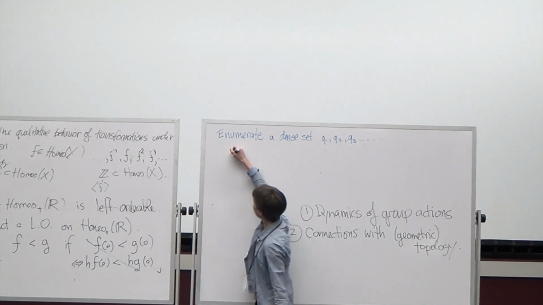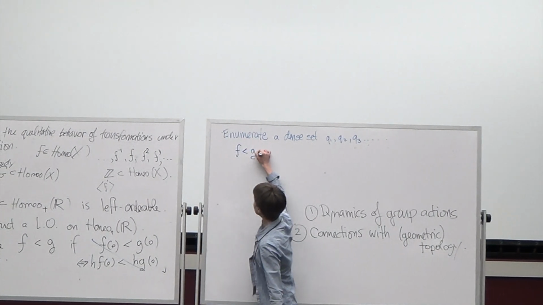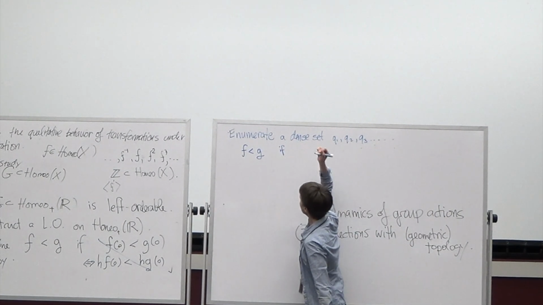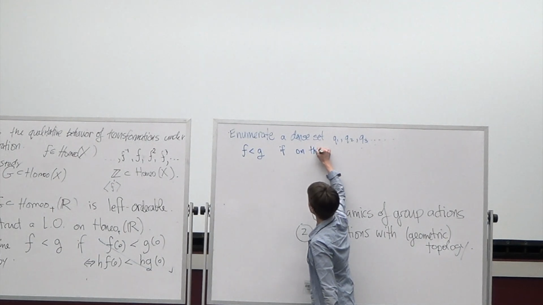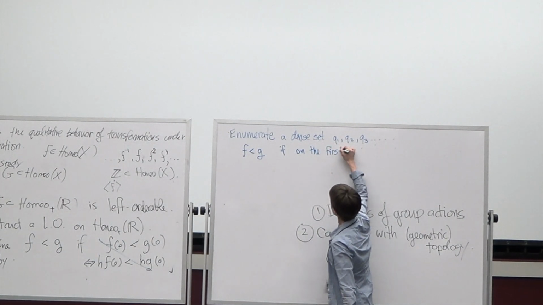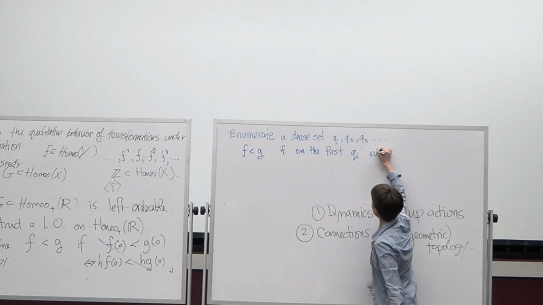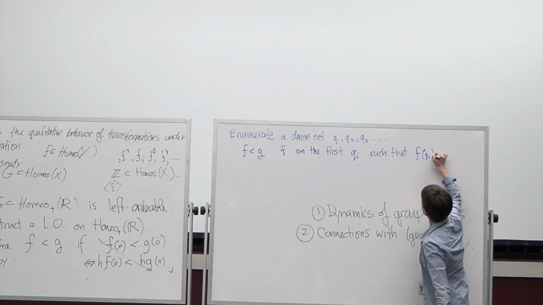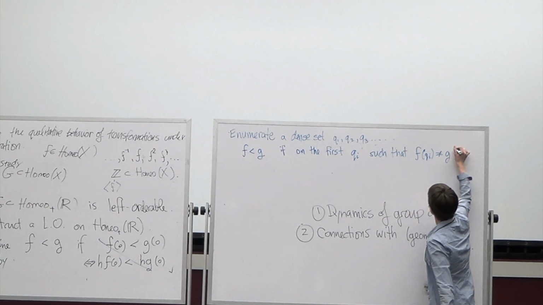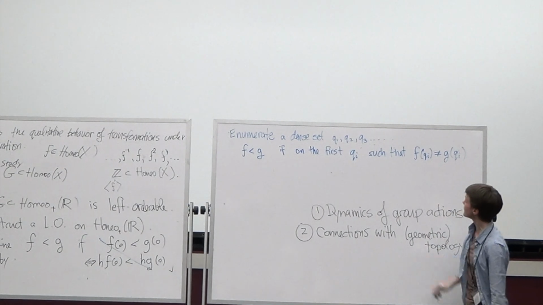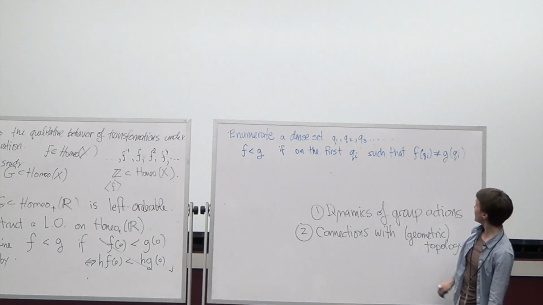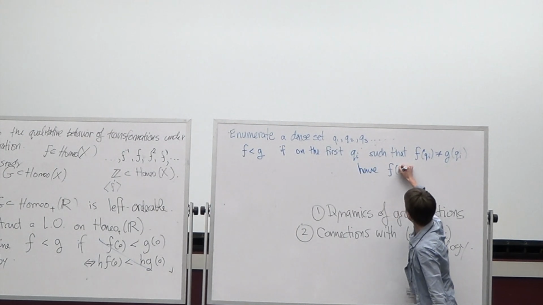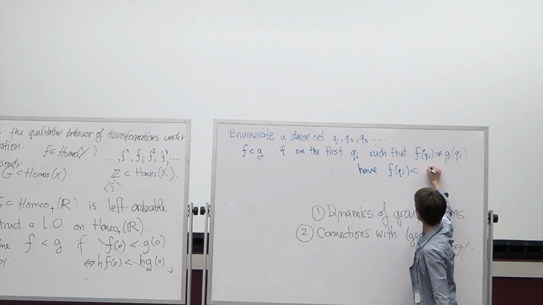And then say that f is less than g as a homeomorphism if, on the first qi such that f of qi is not equal to g of qi, so on the first point where they disagree in this ordering, we have f of qi is less than g of qi.